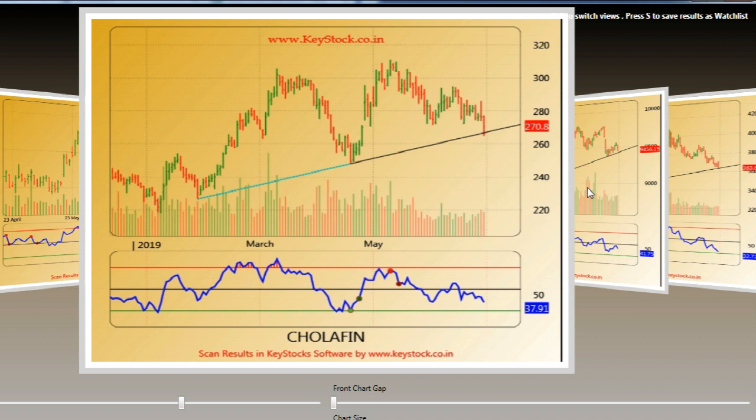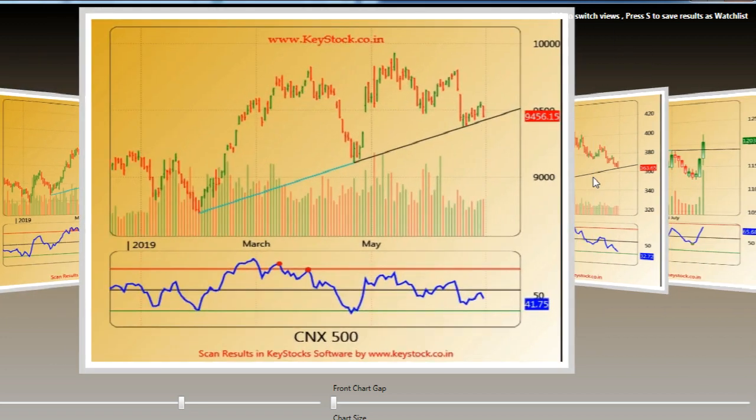Whatever the case, if it breaks, we will see a downward trend, and if it finds support and rises tomorrow from here, then it may start its up journey again. Another important aspect is consolidation near the trend line.